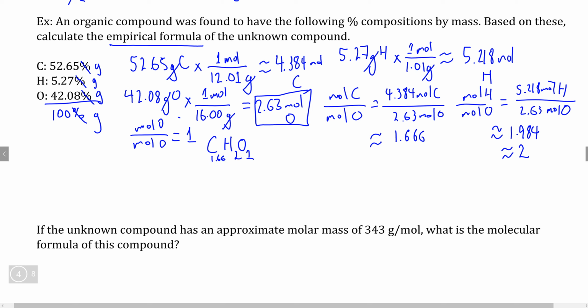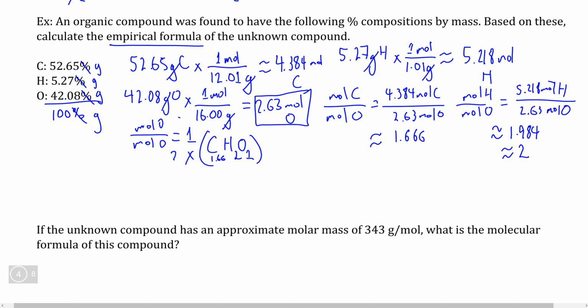Well, we know it's impossible to have 1 2/3 of an atom. So what can we do to keep these ratios, the ratio of oxygen to hydrogen to carbon, the same, and to get this as a whole number? Well, whenever we have certain decimal numbers like this, we can take the whole empirical formula and multiply it in order to get this to a whole number.